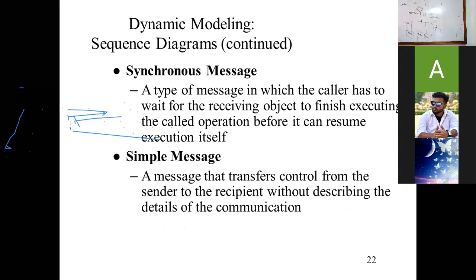A sequence diagram usually has two types of message: a synchronous message or a simple message.